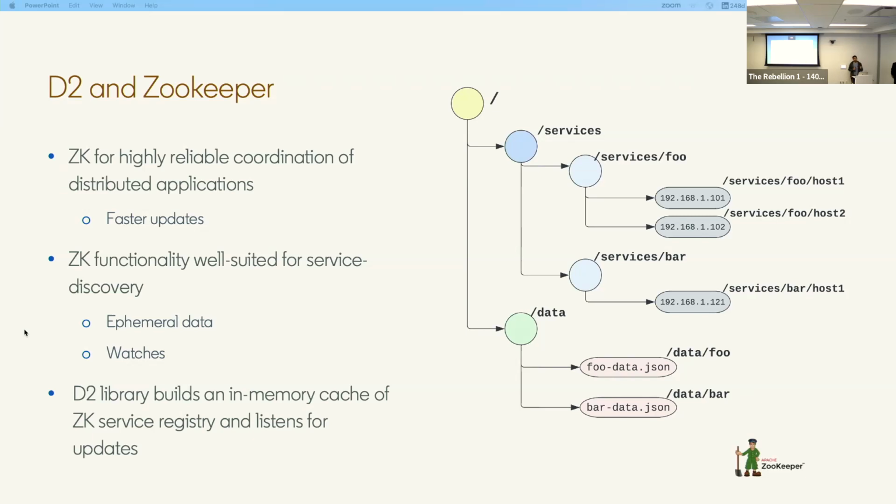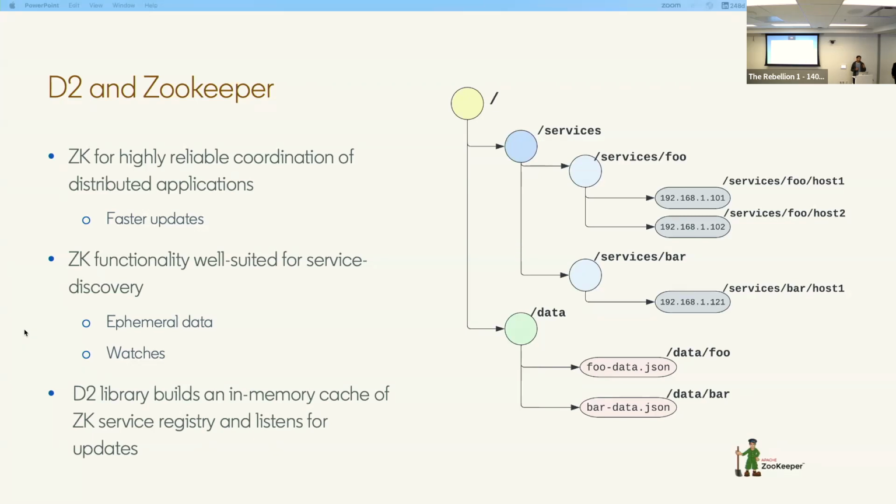And in this diagram, you can see there are two subdirectories in the root directory, services and data. Within services, we are going to store all the services which are there in LinkedIn. As you can see, there are two services here, foo and bar.